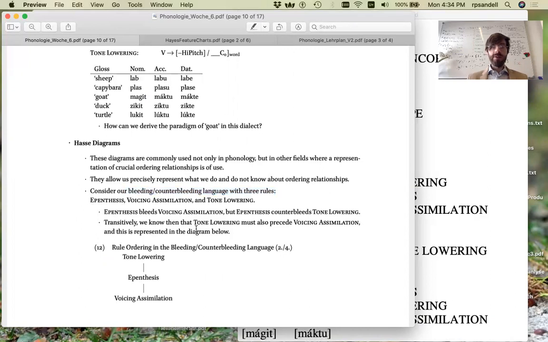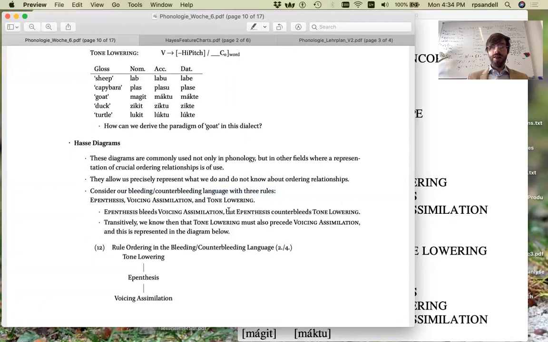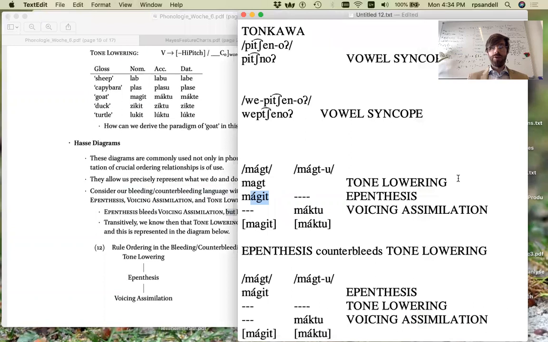So we had seen that epenthesis bleeds voicing assimilation. That's the case here. Voicing assimilation doesn't apply because it has inserted a vowel in between these two stops with different values for voicing. And we had found that epenthesis counterbleeds tone lowering.